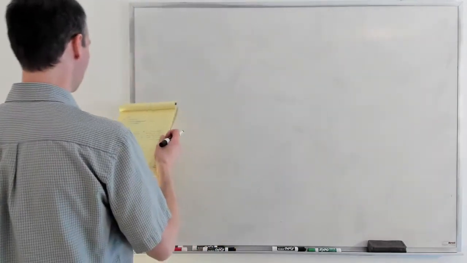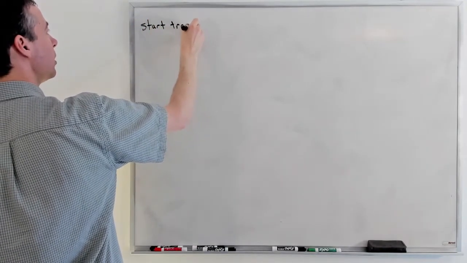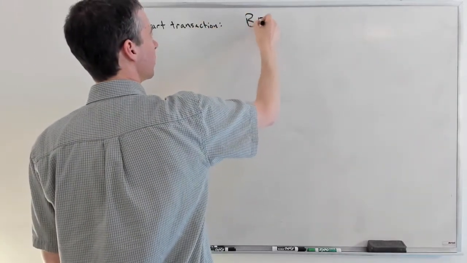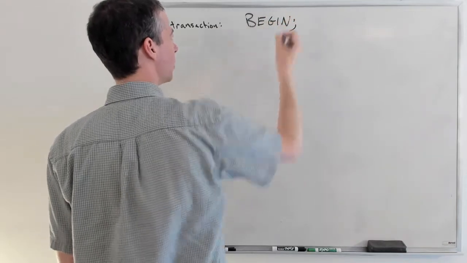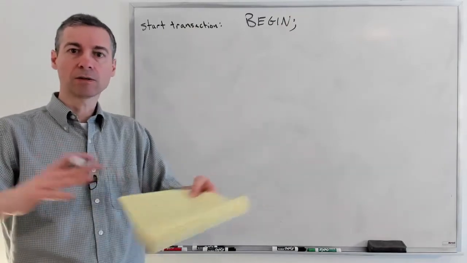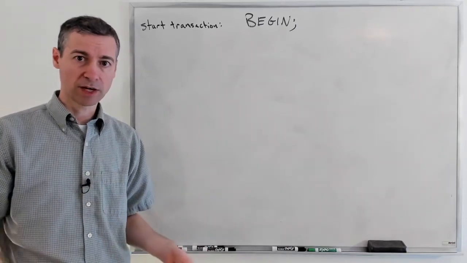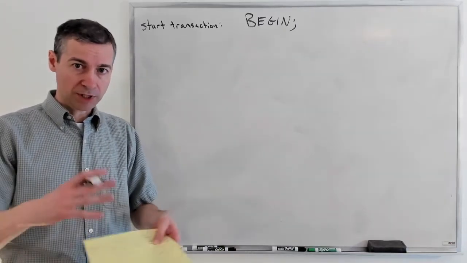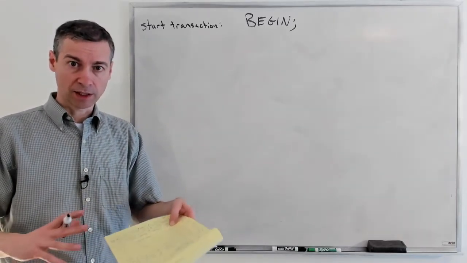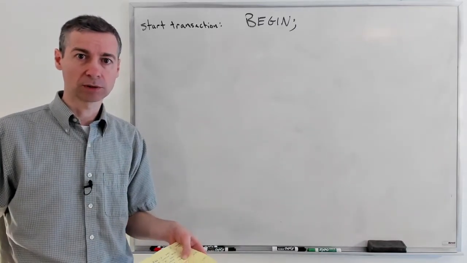Anyway, for Postgres, the way that we start a transaction is we issue a very simple SQL statement, which is just simply begin, semicolon. This says to our database, I am now starting a transaction, and until I end this transaction, please give me this sense of isolation, and as well, either all of my commands will work or none of them.